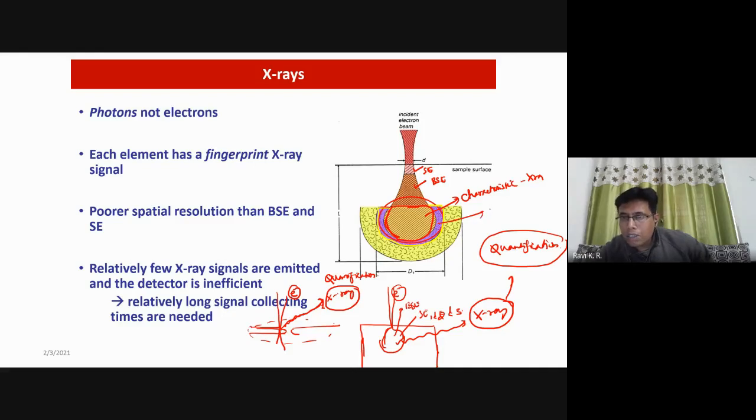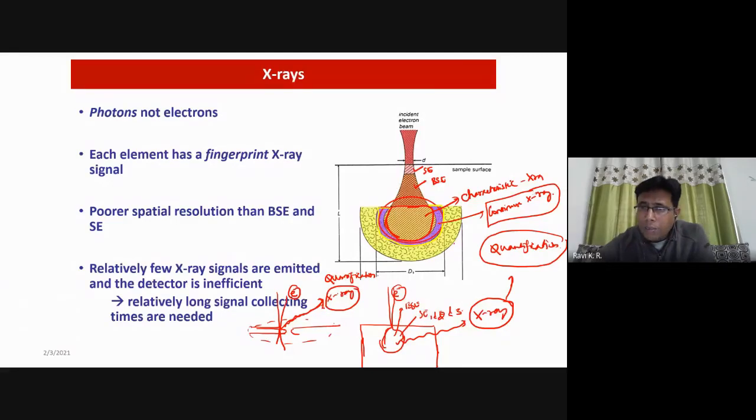This is actually the continuous X-ray. Similar to what we have seen in X-ray diffraction, continuous X-ray is not going to help us in doing any kind of analysis. In a sense, if you want any qualitative or quantitative information, it's not a fingerprint region.